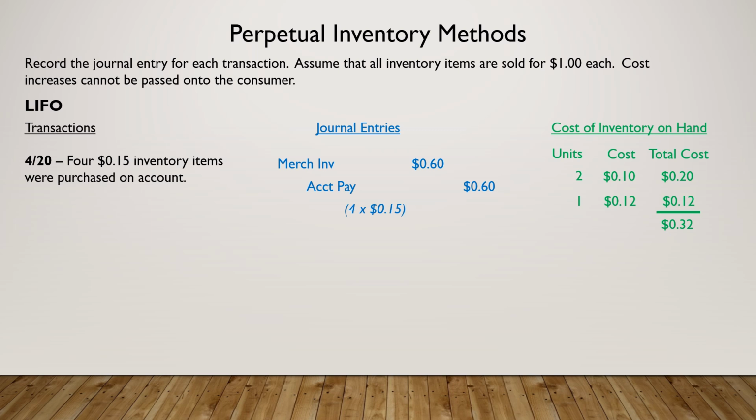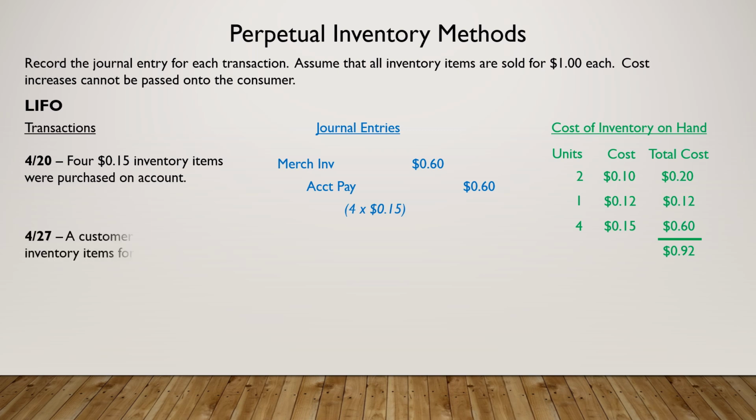Hopefully by now you've noticed that the purchase entries and the sales entries to recognize revenue aren't impacted by whichever cost flow assumption we use. Only the expense amount of the cost of sales changes. Add that purchase to our inventory layers, bringing total inventory to 92 cents.